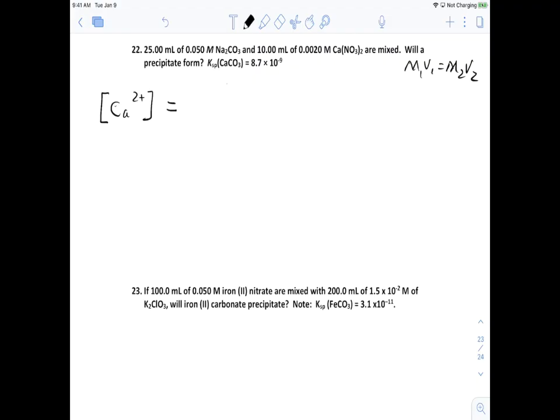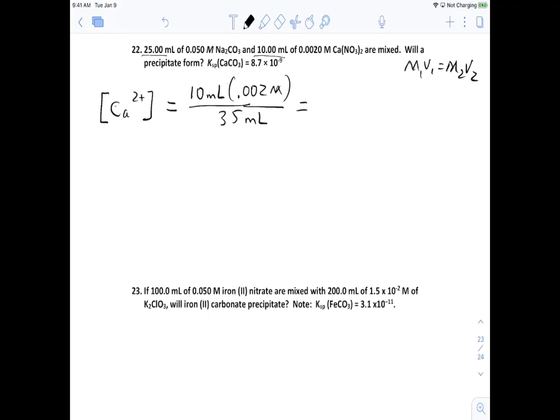That dissociates. We don't care about the nitrate, but the calcium is 0.002 molar, and it ends up diluted from 10 milliliters to a total of 35 milliliters. So it's 10 milliliters times 0.002 molar over 35 milliliters, the new volume.